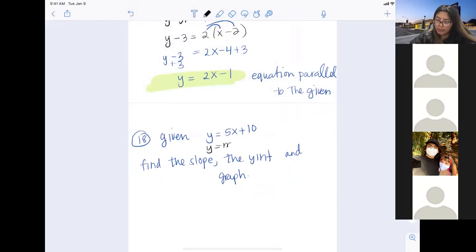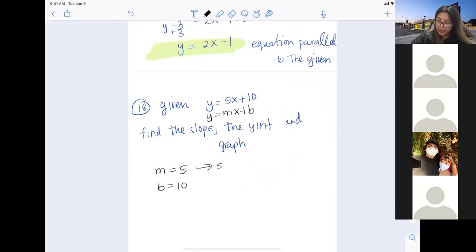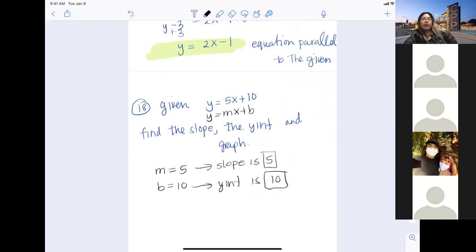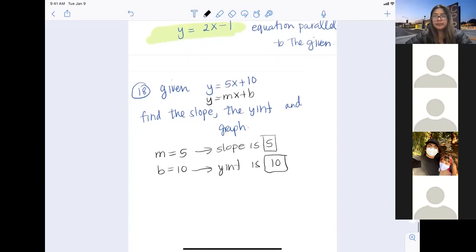So this is y equals mx plus b. M is the slope, 5, b is 10. The slope is 5. The y-intercept is 10. Just the number 10. Sometimes I will ask you to write down the ordered pair, so the ordered pair would be 0, 10. But if they ask you to type in the integer, you only need to put the value 10. Is that clear, everybody?